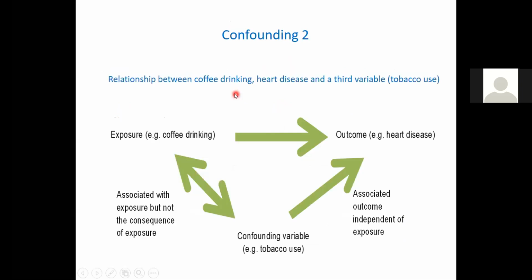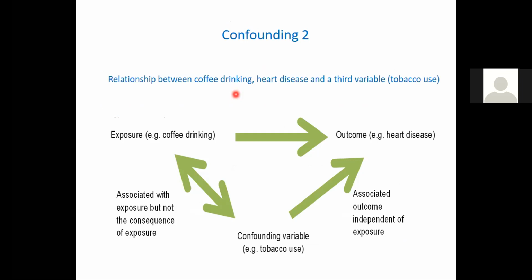The next slide is giving an example. This is looking at the relationship between coffee drinking and heart disease, and the third party there is tobacco use. If you look at it, the horizontal arrow is the one that moved from coffee to heart disease. That is the relationship of interest here.